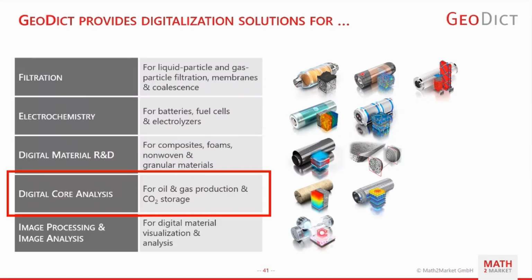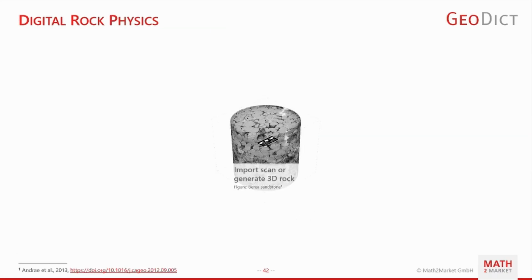Yeah, and with this, we come to the last business area in today's presentation, the digital core analysis. Here, everything is centered around rock core samples taken from a drilling site. So you can digitalize these samples with microCT and load them into the computer.